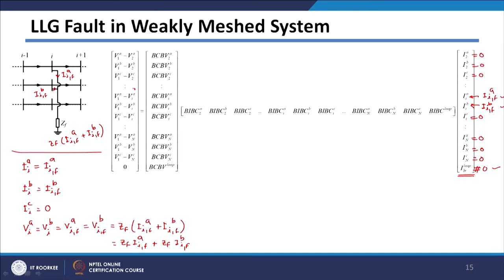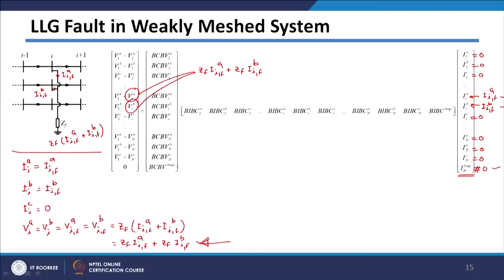and if you see on this side, left hand side, this voltage and this voltage, we have seen that those are post fault voltages, and these post fault voltages are same and given by this expression here, which is ZF multiplied by fault current in A phase plus ZF multiplied by fault current in B phase.